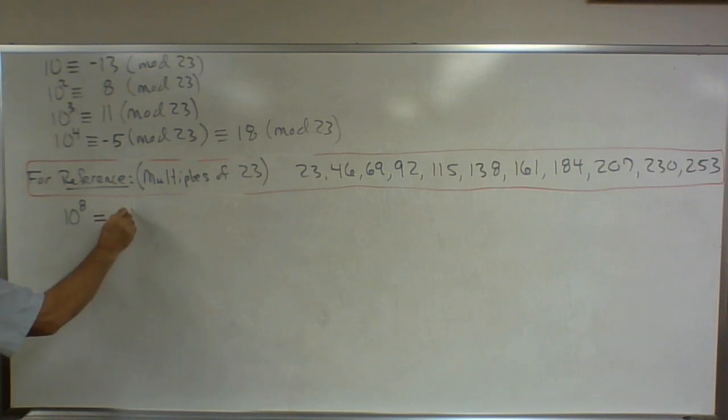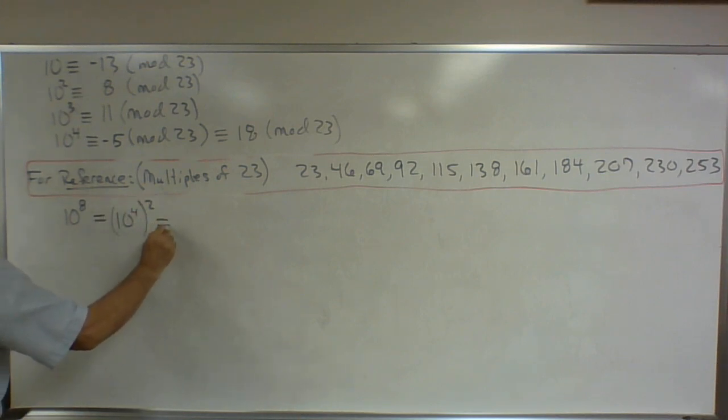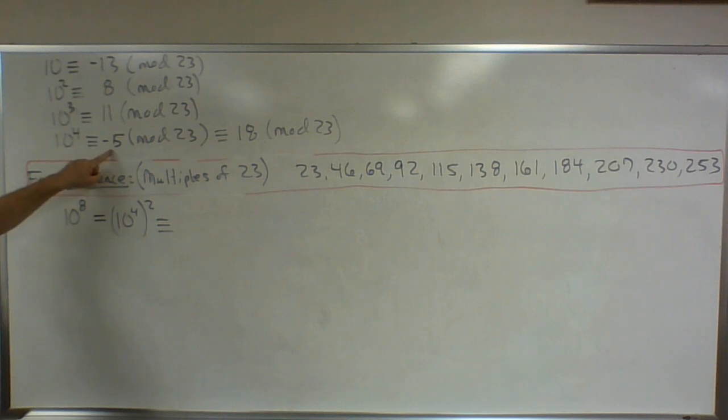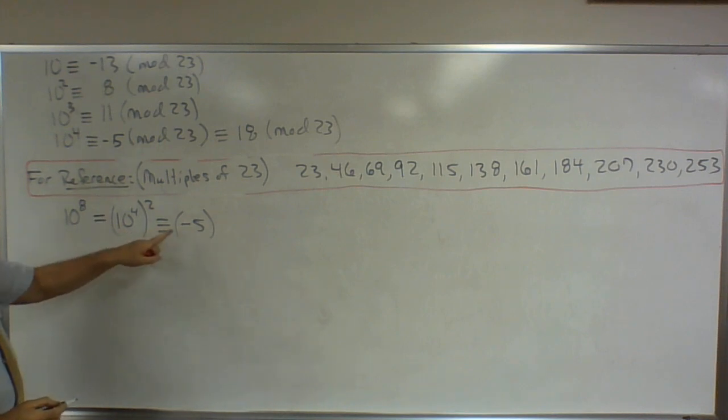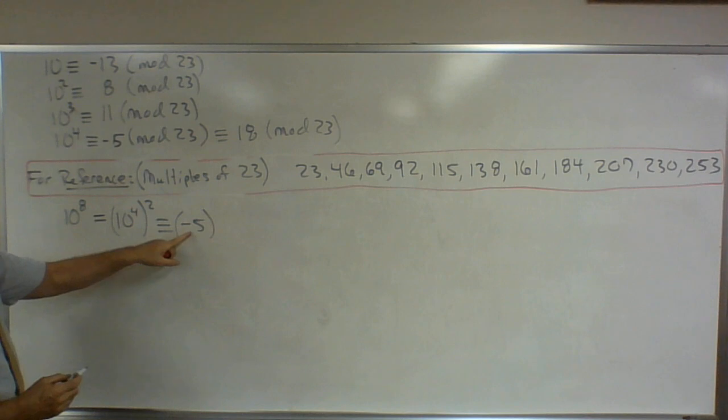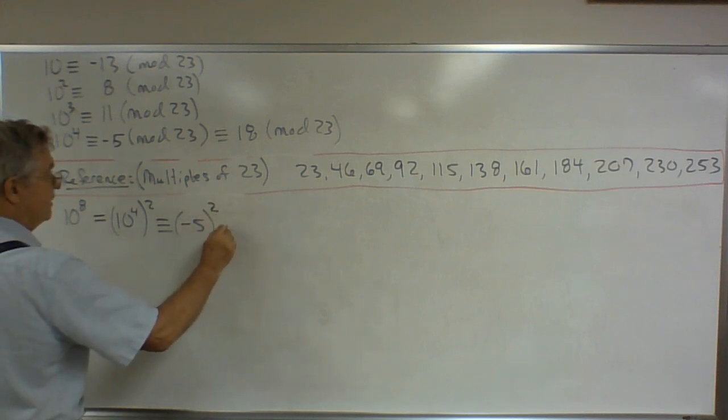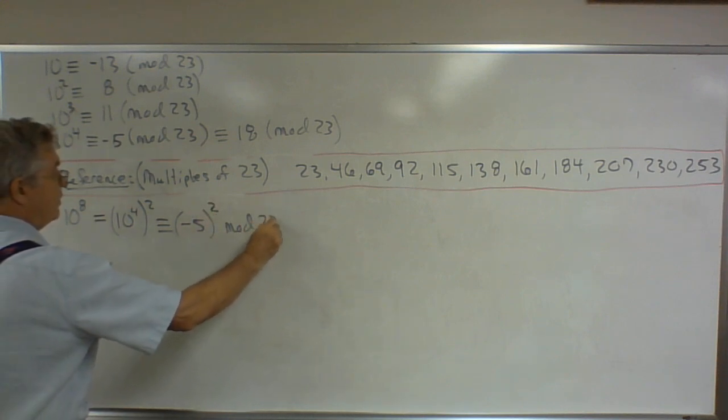This is equal to 10 to the 4th squared. And what is 10 to the 4th? Negative 5 mod 23. So 10 to the 4th squared is negative 5 squared mod 23.